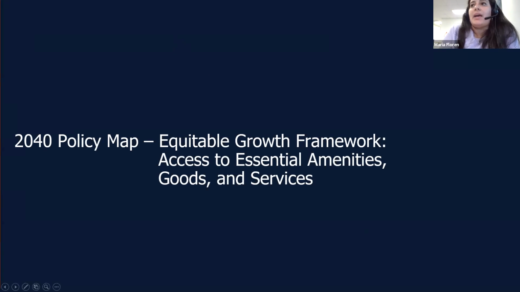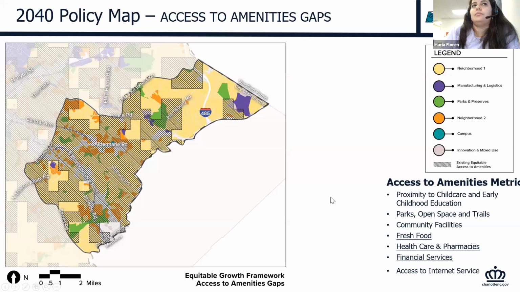Next, we're going to look at access to essential amenities, goods and services, which is the third component of the equitable growth framework. On this map, the areas outside of the black diagonal hatches are lacking existing access to essential amenities, goods, and services.